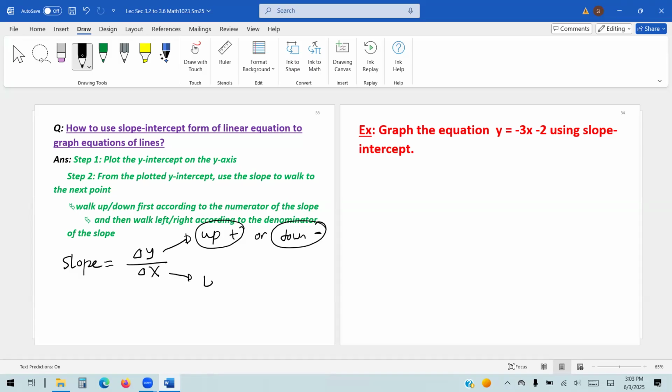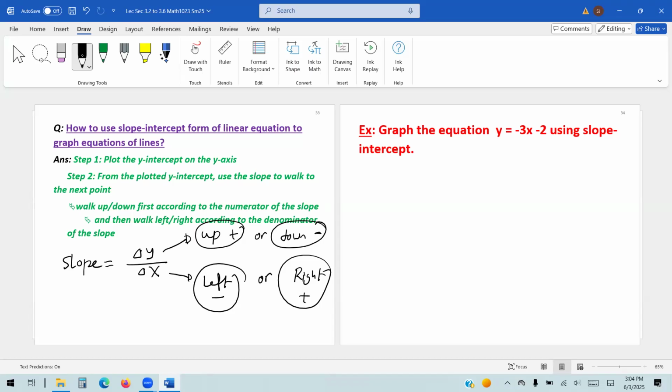So we go left if the number is negative, or we go right if the number is positive. That's how we work our slope. The numerator tells us to go up or down based on the sign. The denominator tells us to go left or right based on the sign. So based on the sign, we can work our slope from the y-intercept.